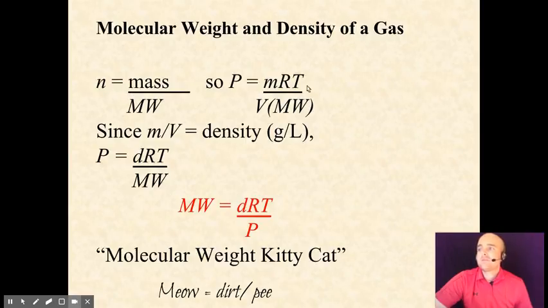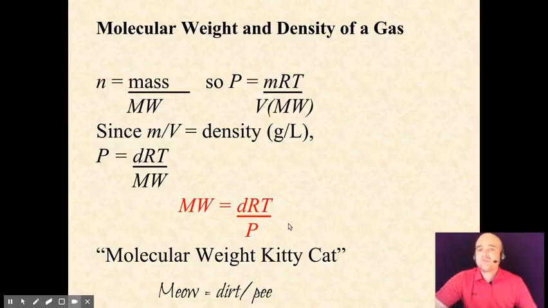This is the ideal gas equation, but with mass over molecular weight substituted for n. Since the mass divided by volume equals the density, grams over liters, then the pressure is the density times R times T divided by the molecular weight. We can rearrange these again to find the molecular weight equals the density times R times T divided by P.